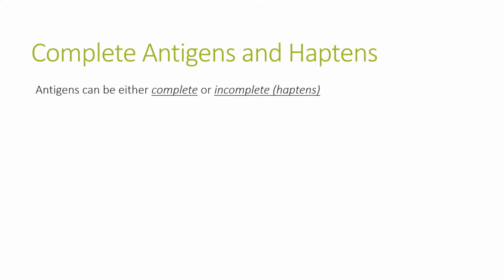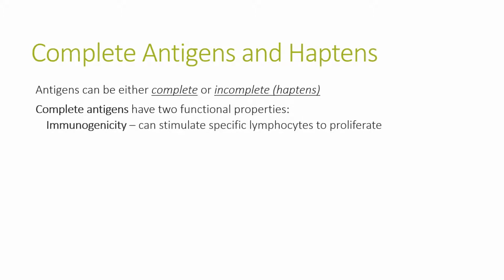Antigens can be either complete or incomplete. Incomplete antigens also go by the name of haptens. Complete antigens have two functional properties. The first is immunogenicity. That means they can cause a specific lymphocyte to proliferate and try to destroy that pathogen.